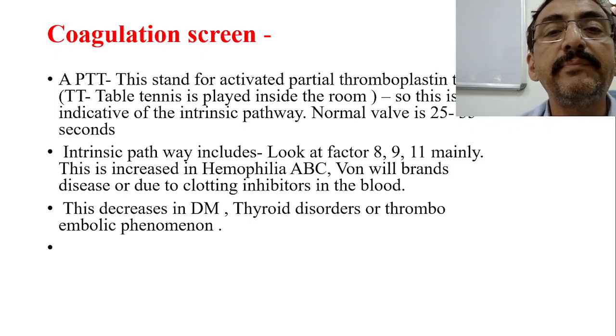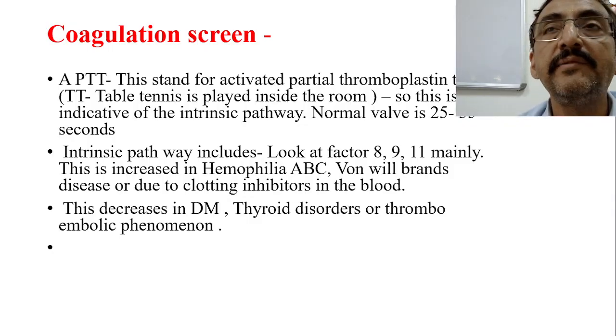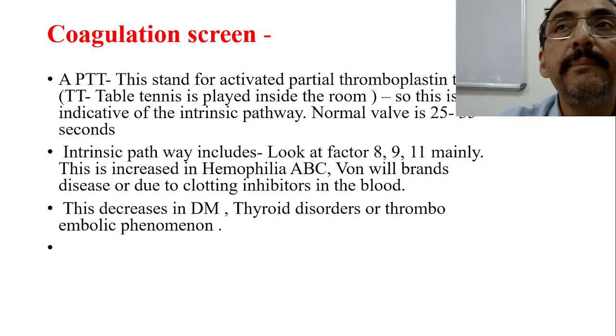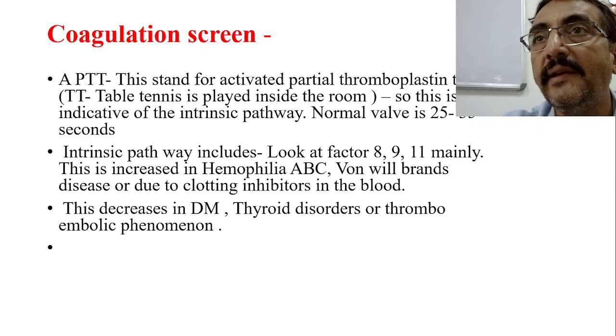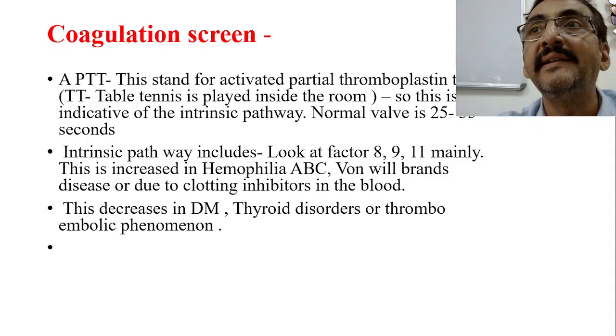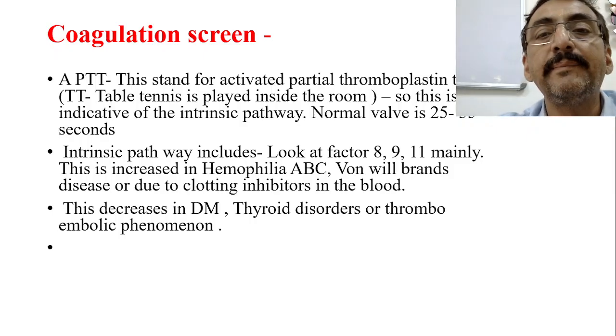Table tennis is always played inside the room, while tennis is played outside. So wherever there is an investigation with TT, like APTT, it suggests an intrinsic pathway. Just for remembrance purposes, this is a good indicator of the intrinsic pathway.